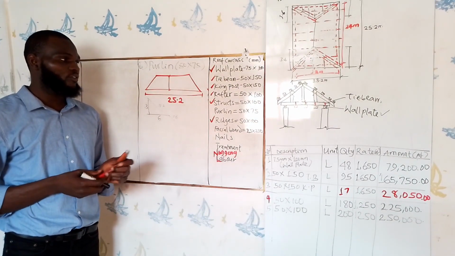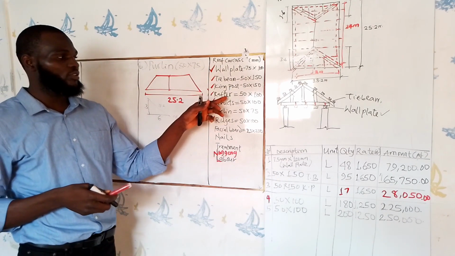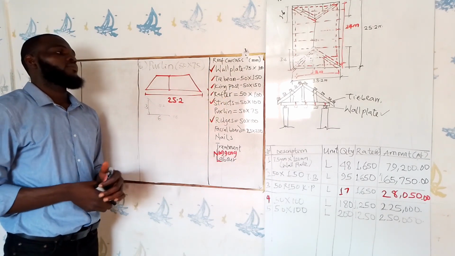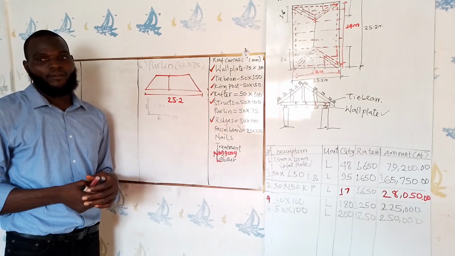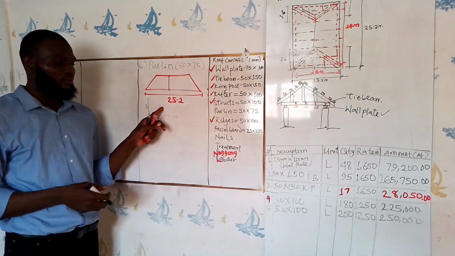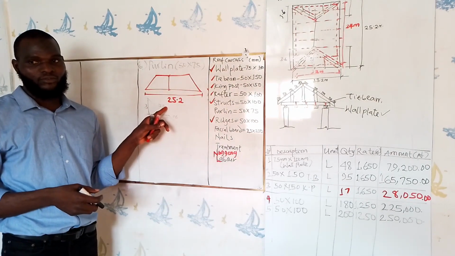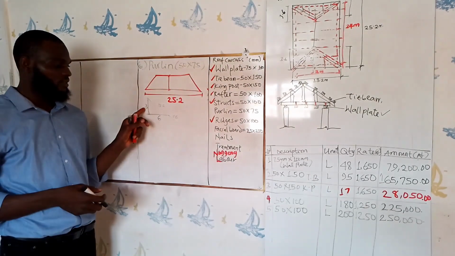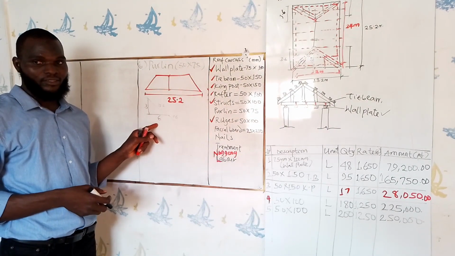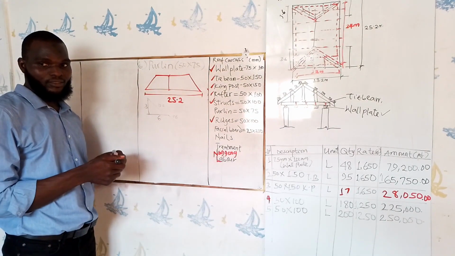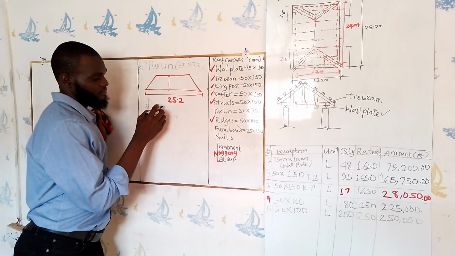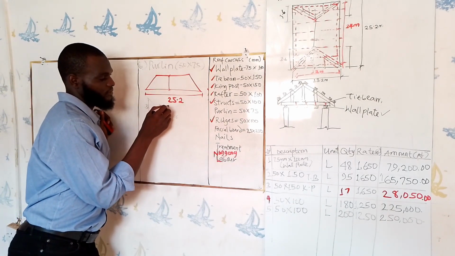What was the figure we got when we were trying to do the rafter? The rafter, 6.7. It means the square root of 36 plus 9, that should be root 45, that's 6.7.